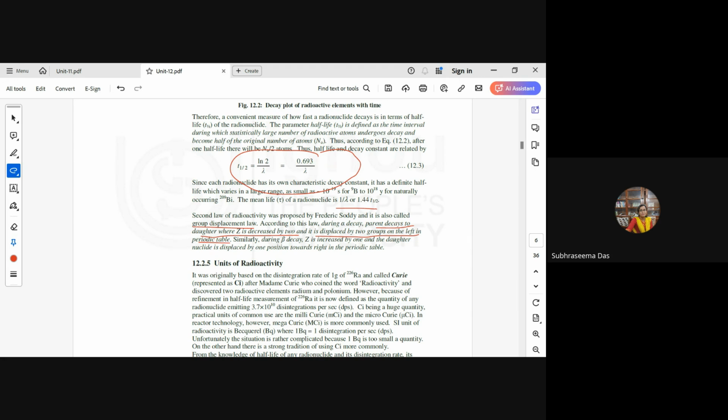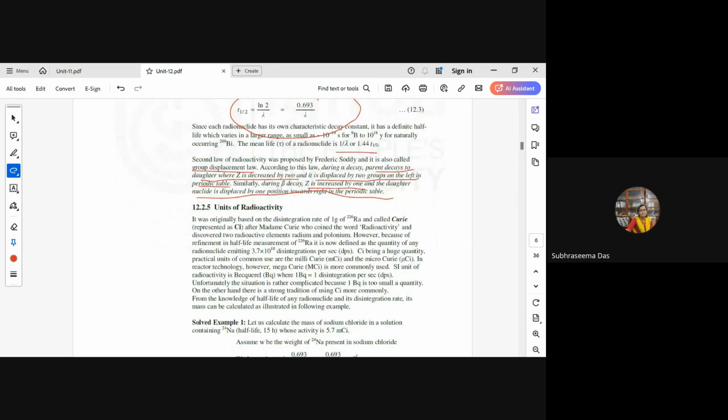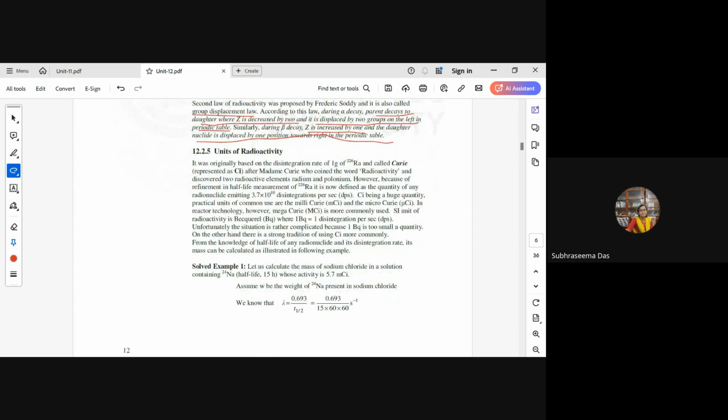Similarly, during beta decay, Z is increased by 1 and the nuclide is displaced by 1 position towards the right in the periodic table. This is called Soddy's group displacement law, which indicates the position of the daughter element that is formed after the radioactive emission.